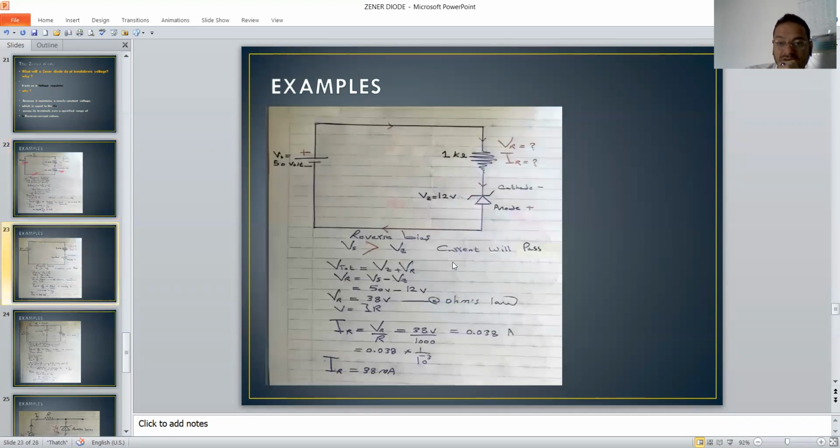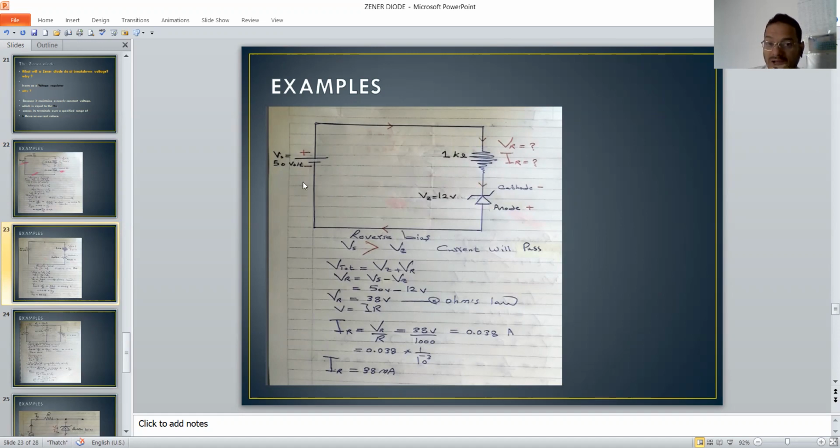Let's go to another one. Now we're dealing with another independent voltage source equal to 50 volt. The resistance is the same 1000 ohm and the same Zener diode. The reverse bias, the same thing, plus with the negative with the cathode.